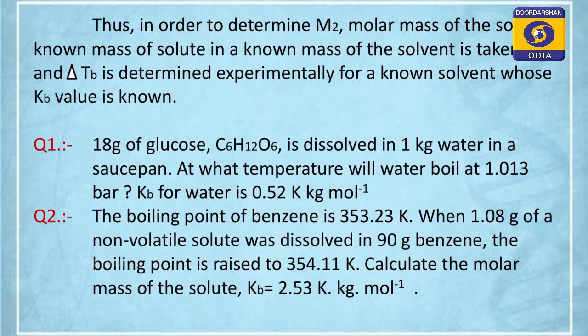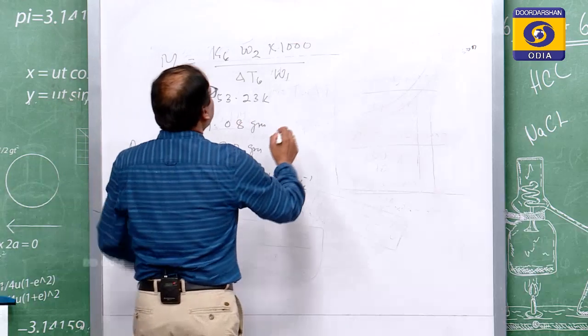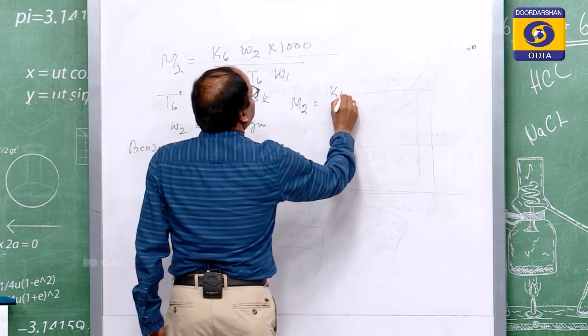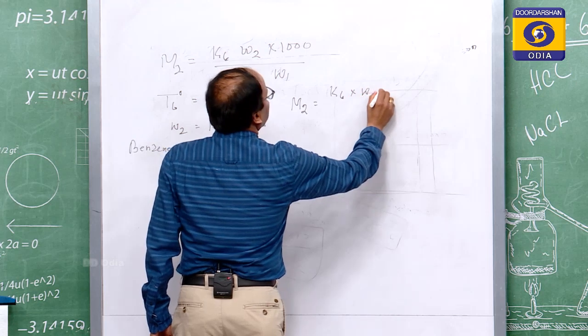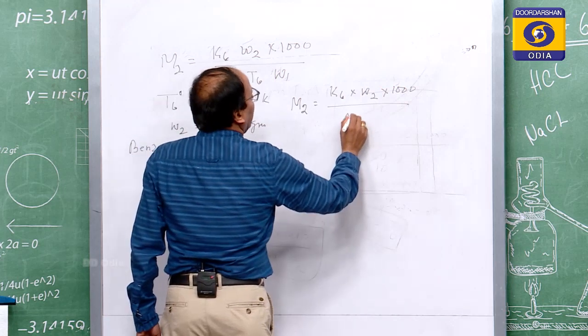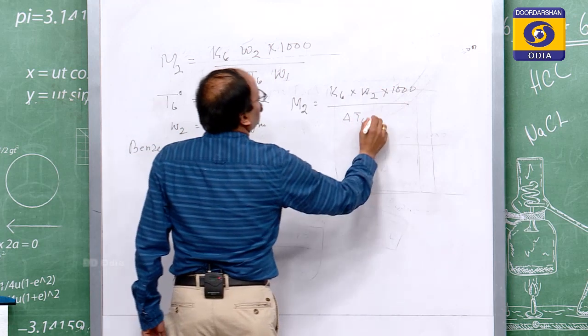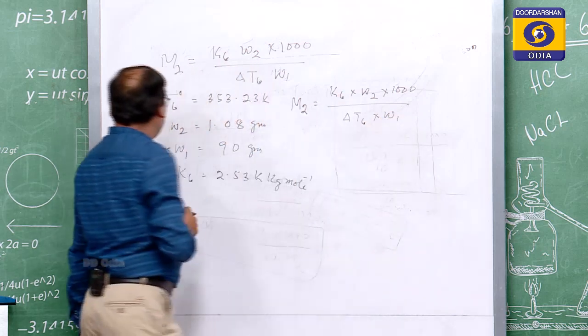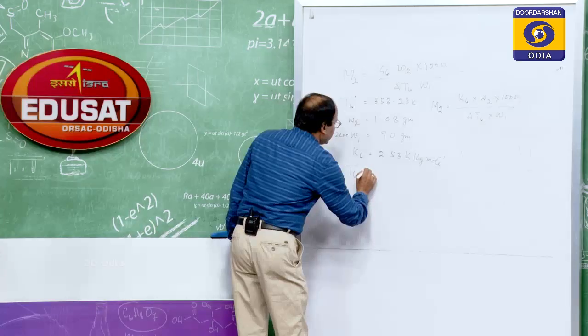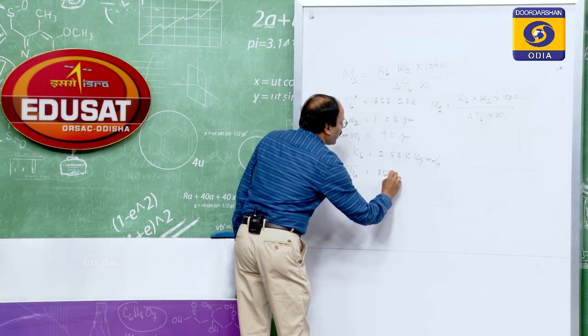From this you will calculate the molar mass of the solute. The formula is also given, M2 is written here at the top for your information: M2 will be equal to Kb into W2 into 1000 divided by delta Tb into W1. Another thing is also given, the boiling point of the solution, Tb is equal to 354.11 Kelvin.